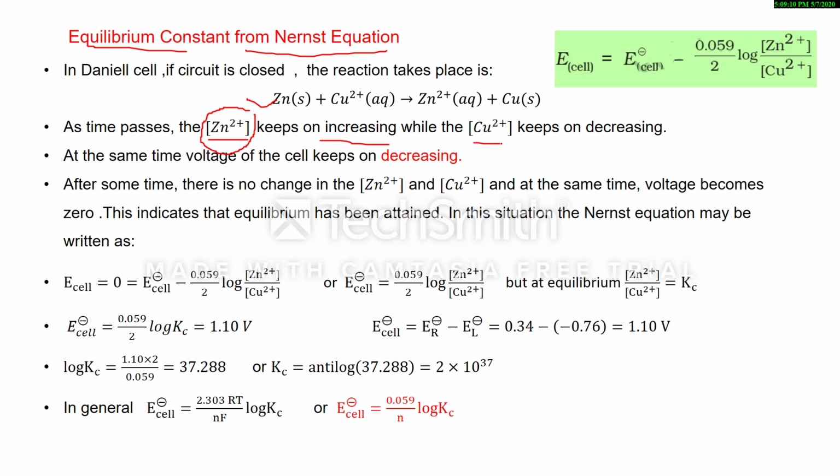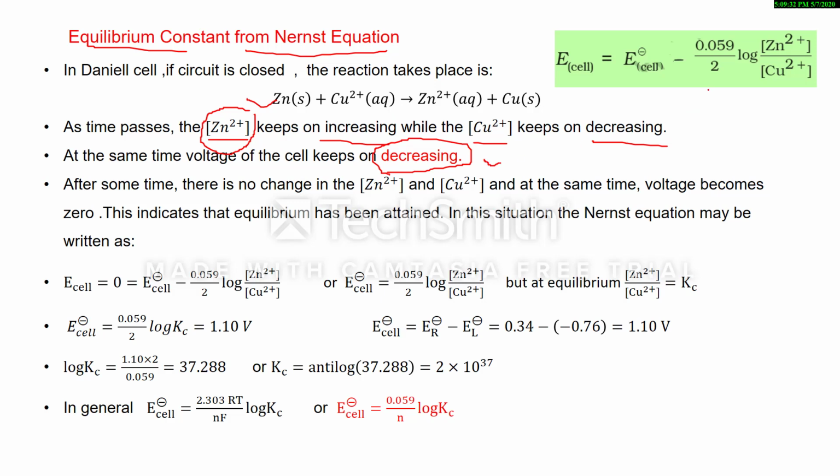But the concentration of Cu2 plus keeps on decreasing because at the cathode side Cu2 plus is converting into Cu. Clear? At the same time, the voltage of the cell keeps on decreasing. How can you explain this? As this reaction is taking place, the voltage of the cell keeps on decreasing.